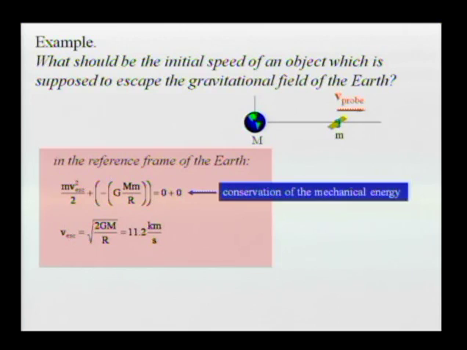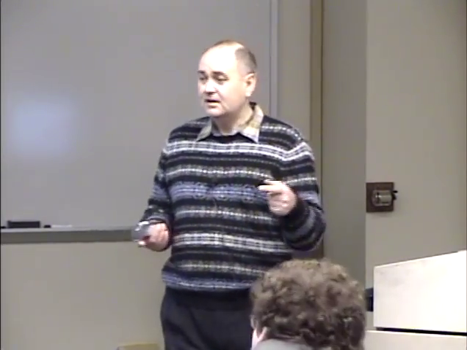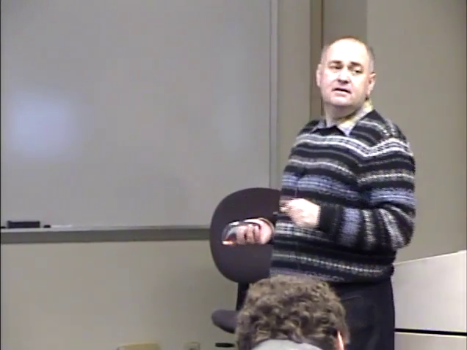Indeed, if we want to throw an object away from the Earth and make sure that it never comes back, this is how fast it has to move: 11.2 kilometers per second. By the way, do you remember how fast an object has to move in order to stay on the orbit? 7.9 kilometers per second. We were also solving this calculation earlier.